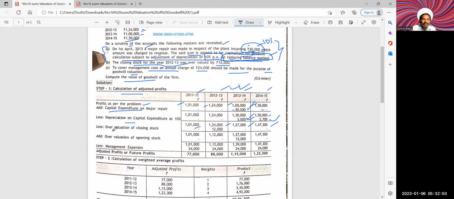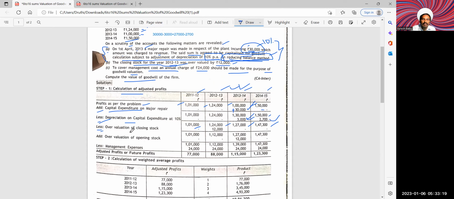Then the second adjustment: closing stock for the year 2012-13 was overvalued by 12,000 rupees. First one has been added because the mistake was done, then depreciation is subtracted.